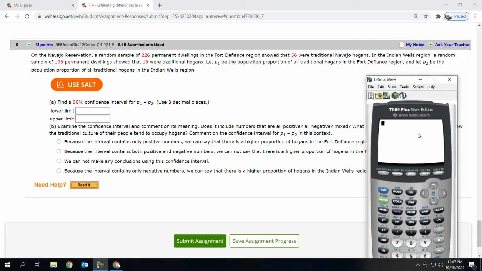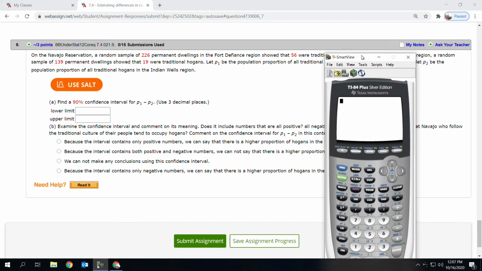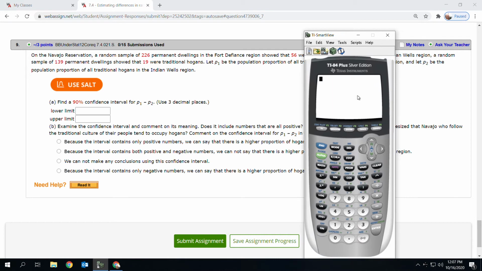Now with this one on the calculator, it's a little bit easier to set up because you don't have to type a lot of data in. Stat, Tests, we're going to be looking for a 2-proportion interval.